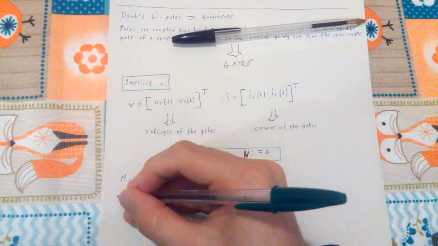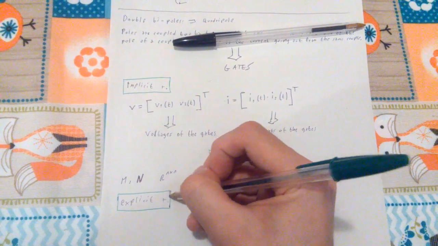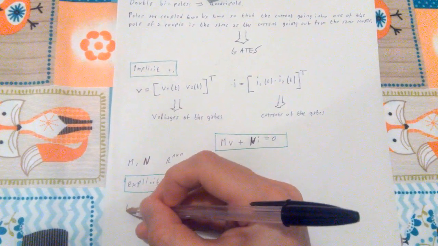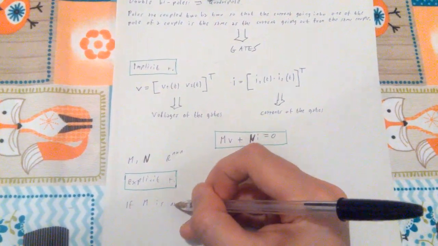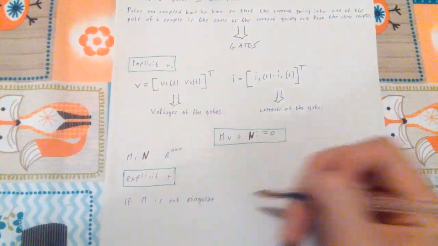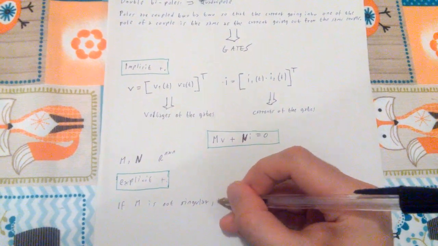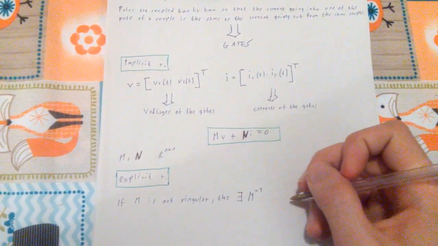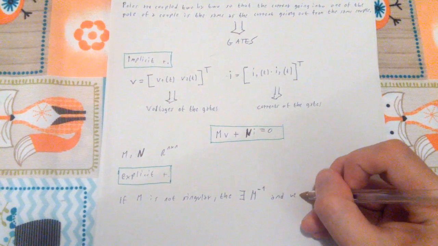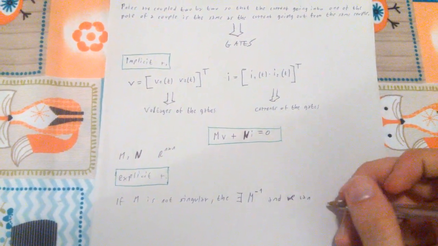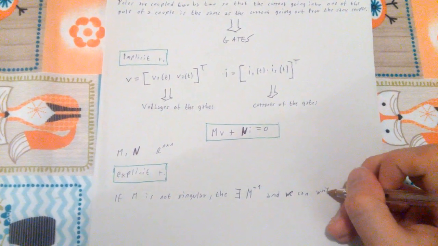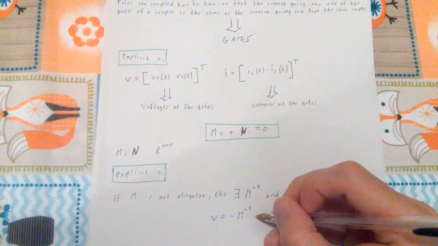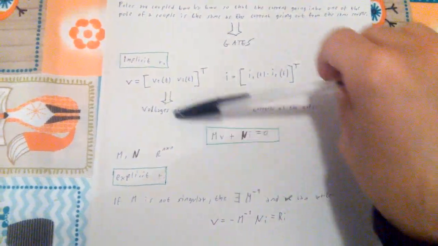While an explicit representation, which I'm going to express as a relationship, is, well, if M is not singular, then there is a matrix M minus 1, and we can actually write v equal to negative M minus 1 N i, equal to Ri.